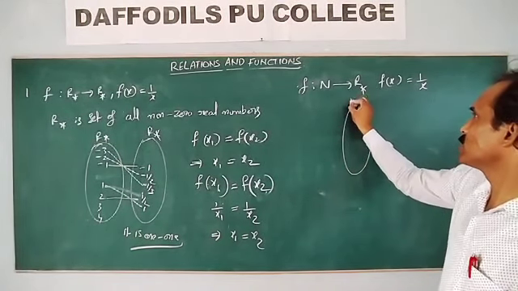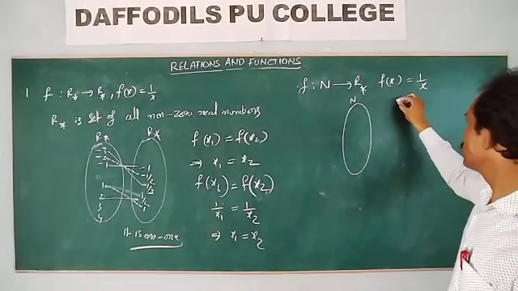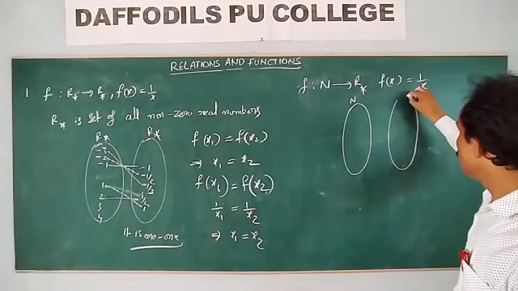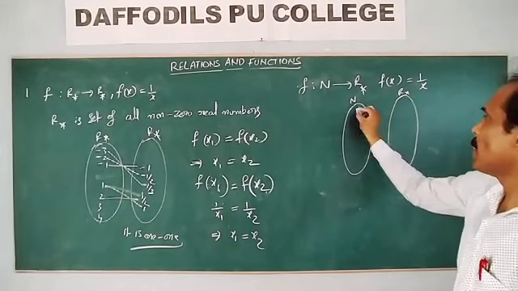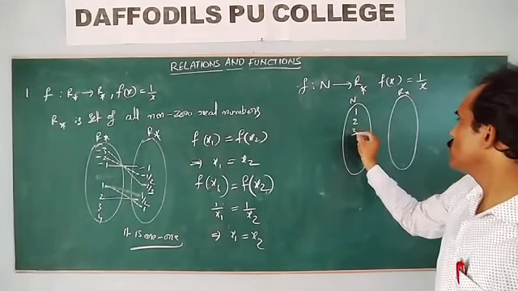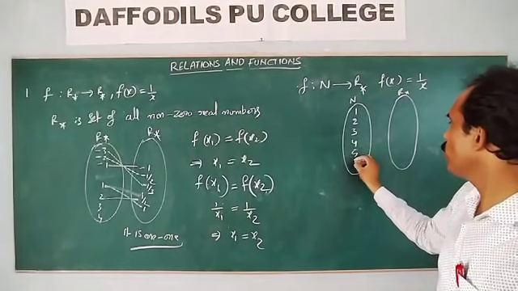Natural numbers domain: 1, 2, 3, 4, 5 and so on.